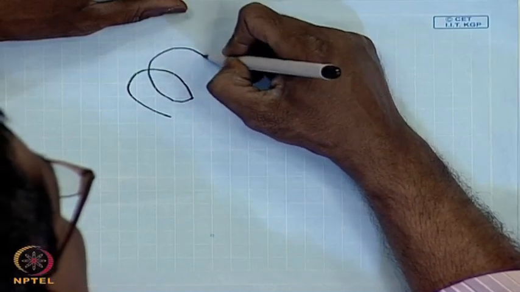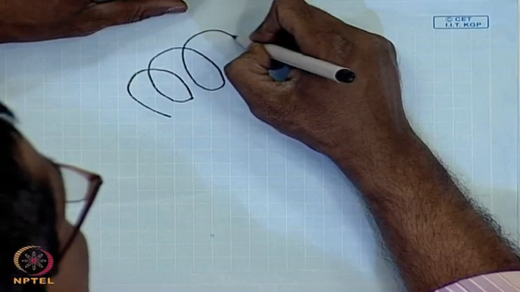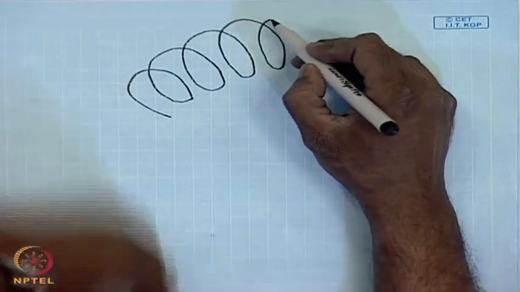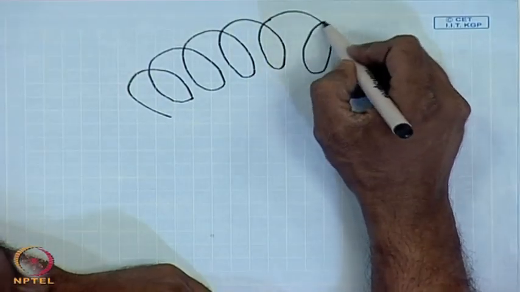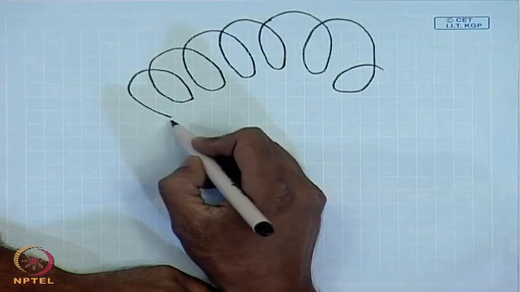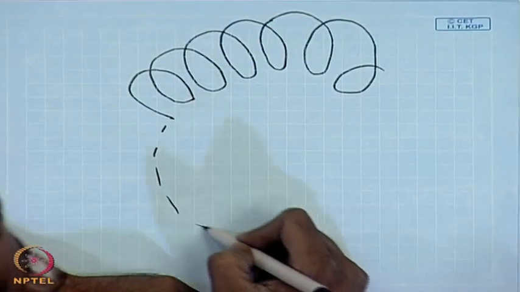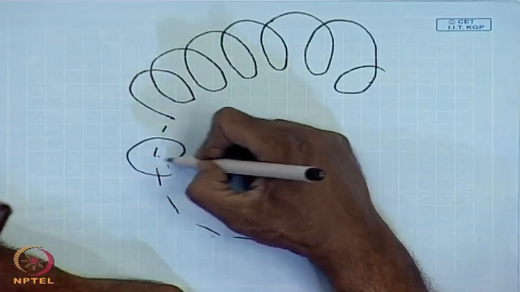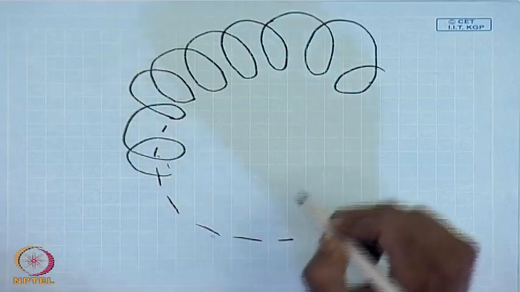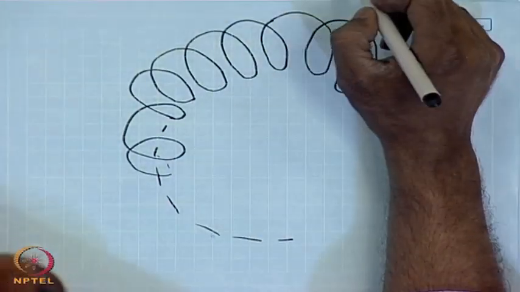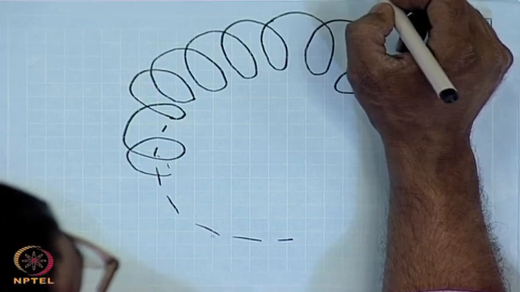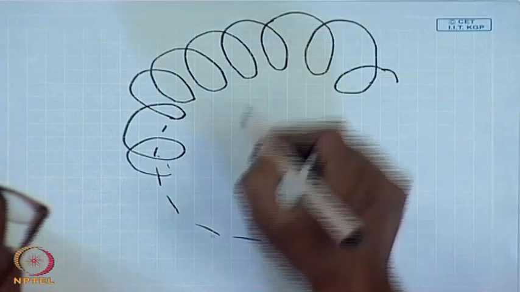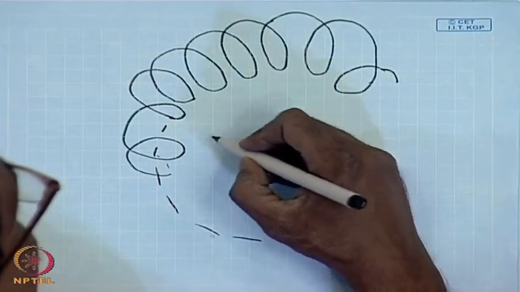So, this is another coil, this is another coil, and this arrangement continues till the last coil closes on this first coil. So, this is called a closed winding. How will we change the direction of current in these coils? For that, we will have a commutator arrangement.